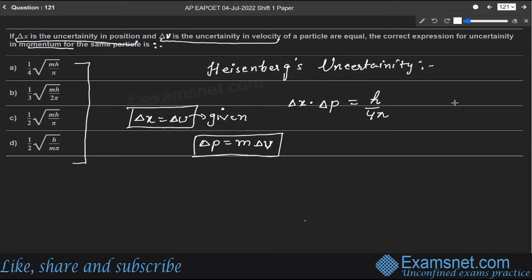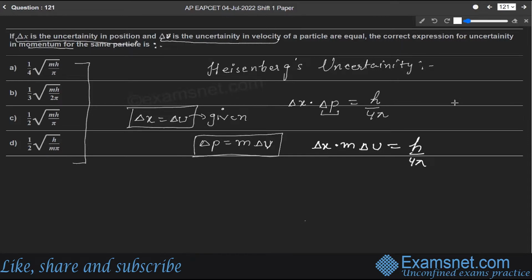Now when you try to substitute this particular delta p, delta x times m delta v equals h over 4 pi, and you can easily get delta x equals delta v, or you can say delta v, right?